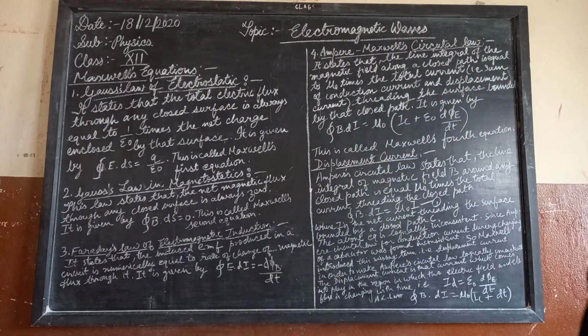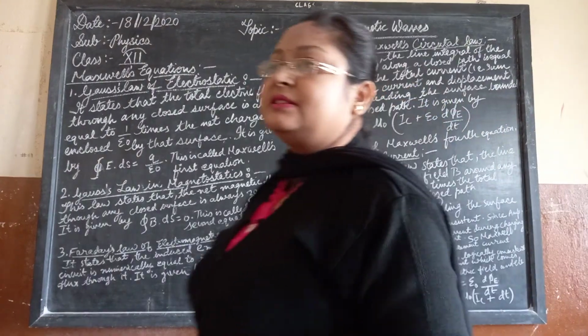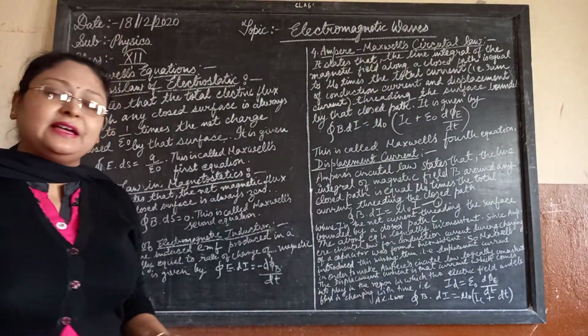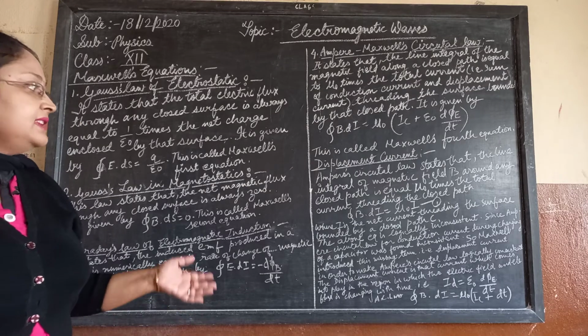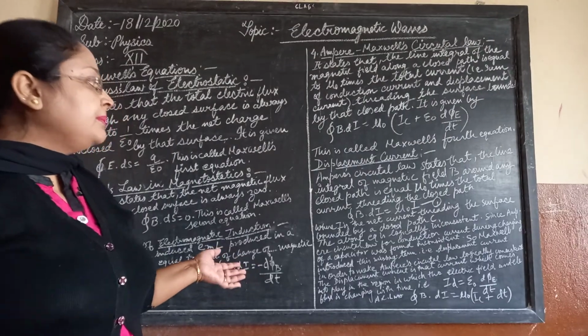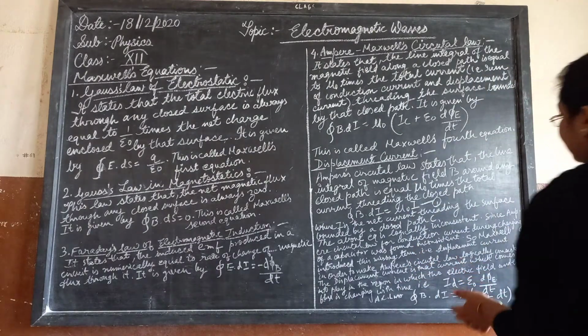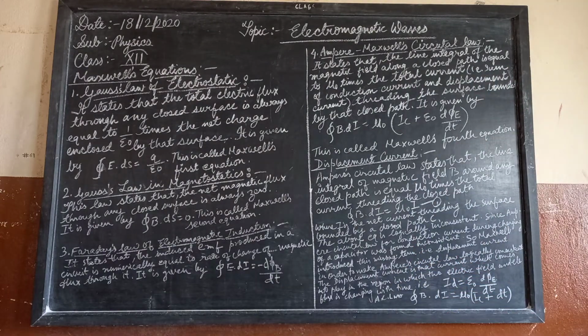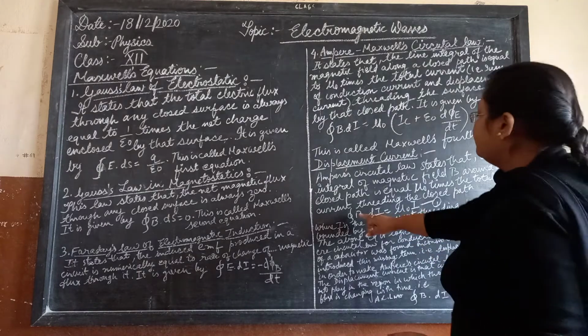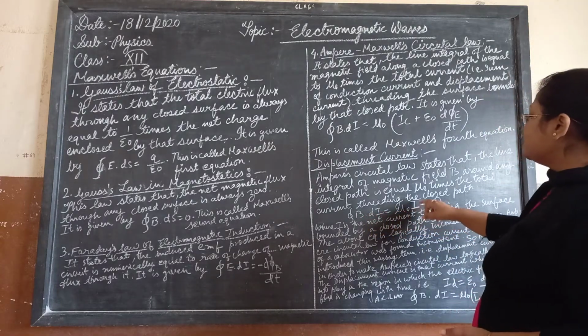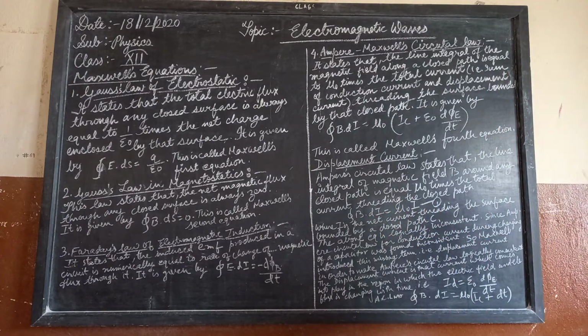In Ampere's circuital law, as we have discussed here, the line integral of the magnetic field along a closed path is equal to mu 0 times the current threading the closed path, that is, the line integral of B dot dl is equal to mu 0 I. This is the particular equation for Ampere's circuital law, as you know.